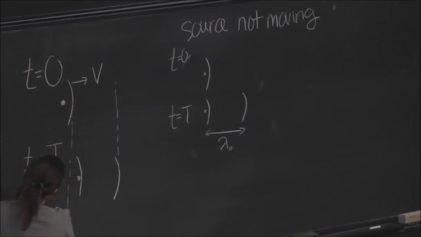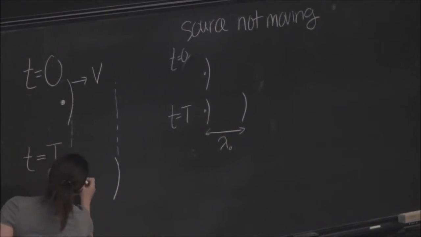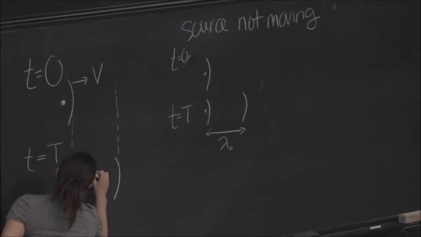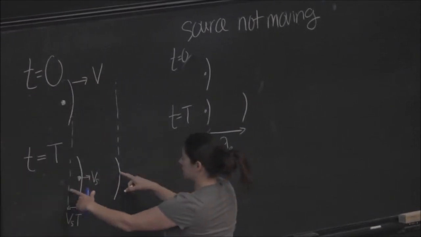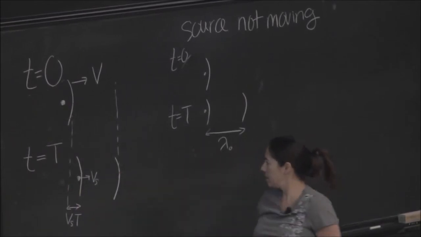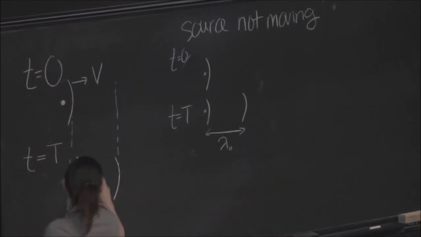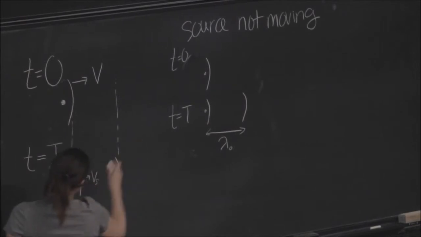But here, if your source is moving with some speed vs, then the distance that the source moves is vs times T. And the whole distance here is lambda, right? That's the lambda that was emitted, that's lambda naught.